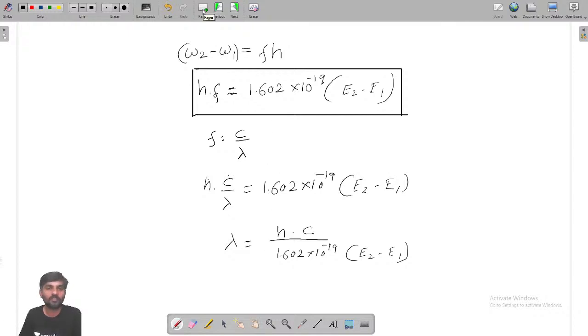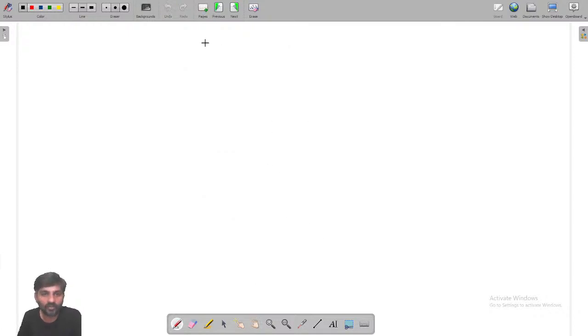What you will get is lambda is equal to 1.24 micrometers by E2 minus E1. This is lambda.